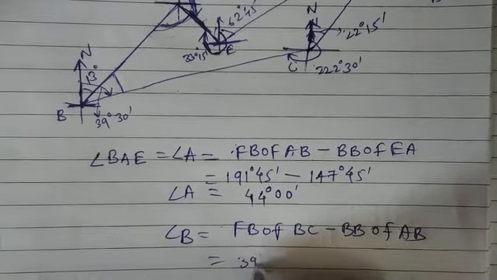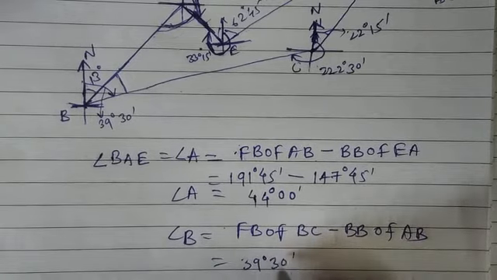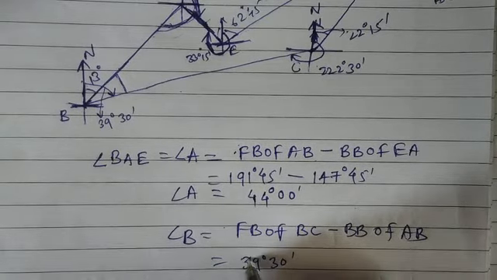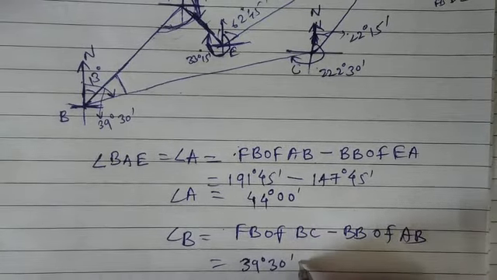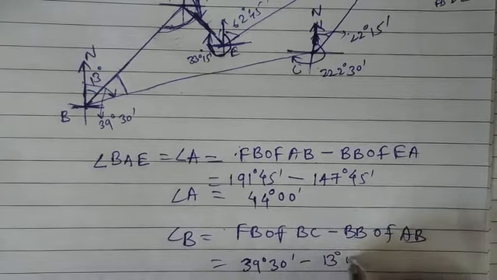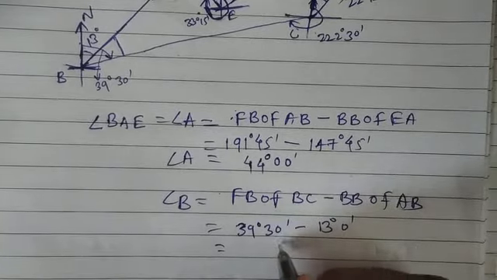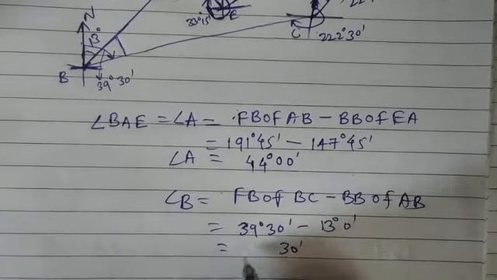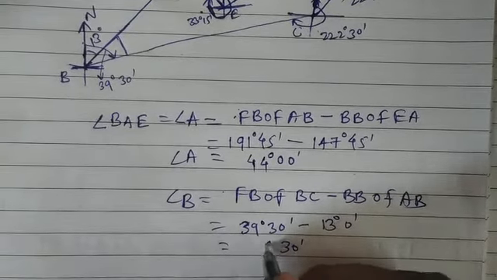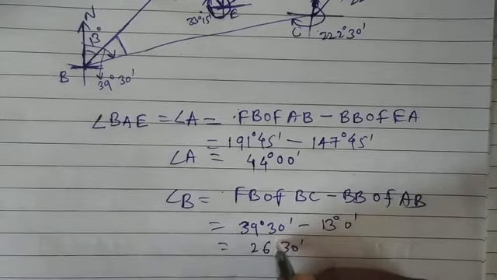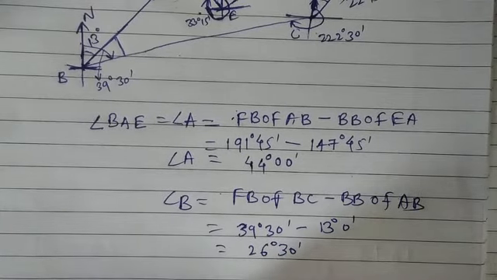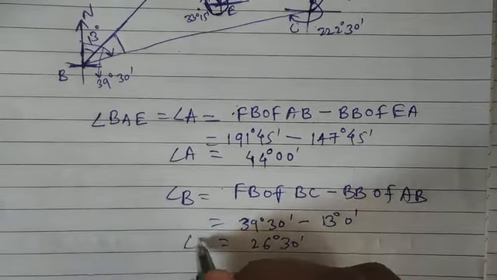It is 39 degree 30 minutes minus 13 degree 0 minutes. So the 30 minutes remain as it is, and this will be 26 degree 30 minutes. So this is angle B.